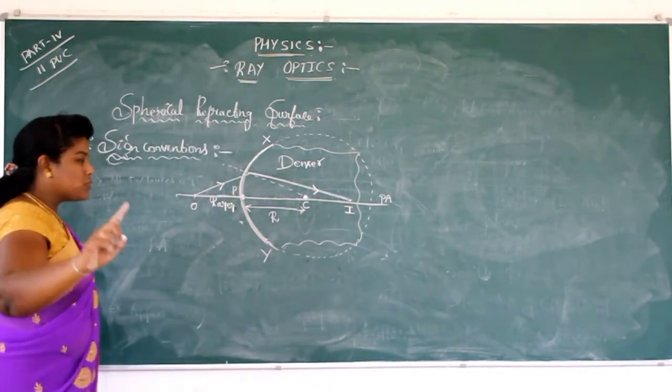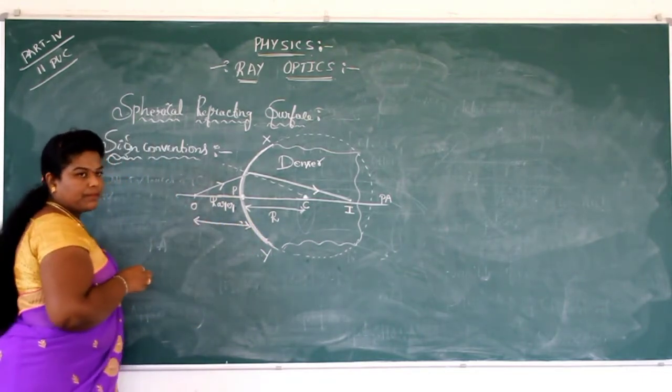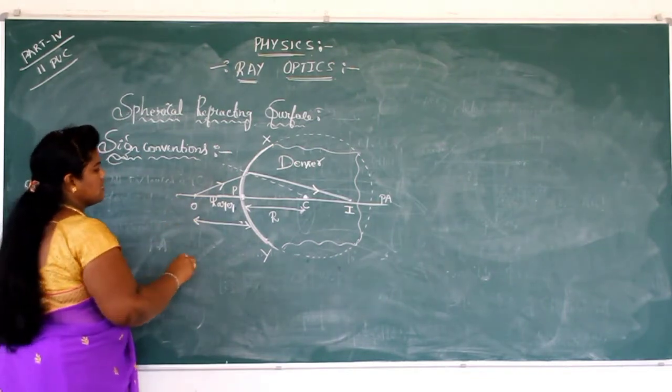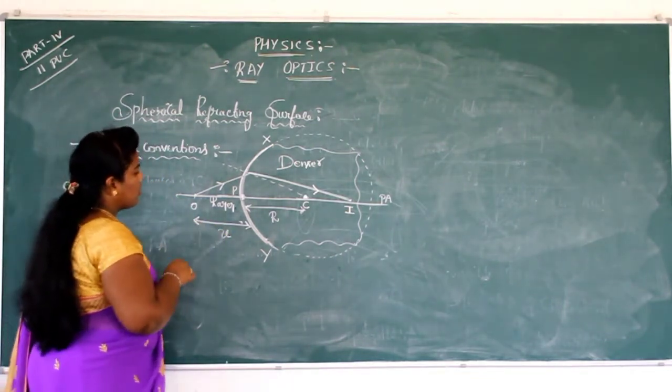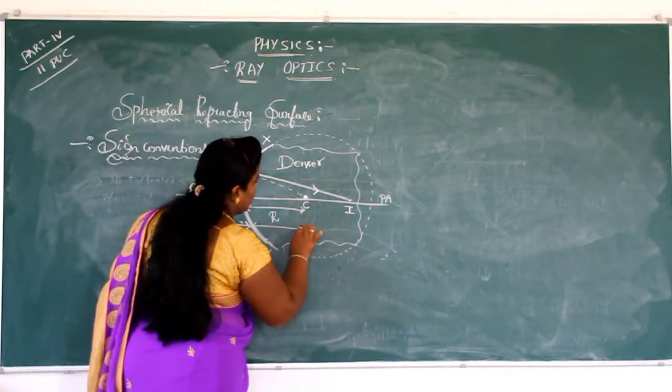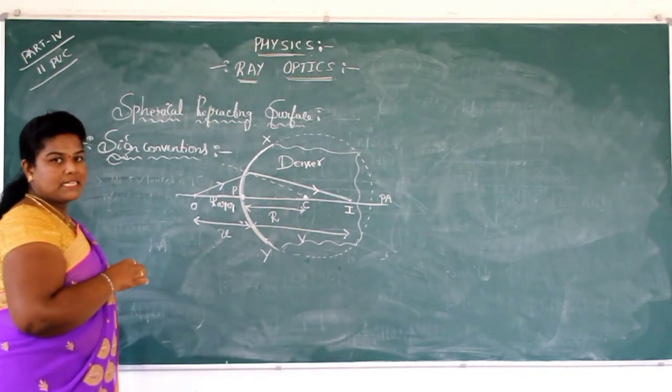The distance between the pole and the object is called the object distance, represented by the symbol small u.